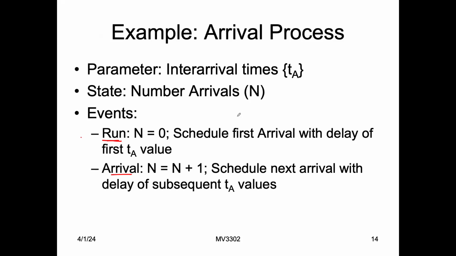In this particular case, our state variable is the number of arrivals. We're simply going to count the number of arrivals. Now, when we start, how many arrivals have happened? None. And so the initial value of n is going to be 0. So the run event is responsible in general for assigning the initial value to all state variables.